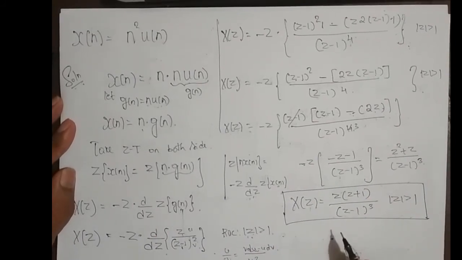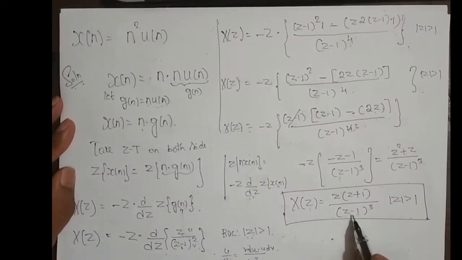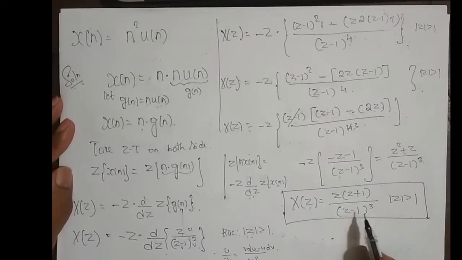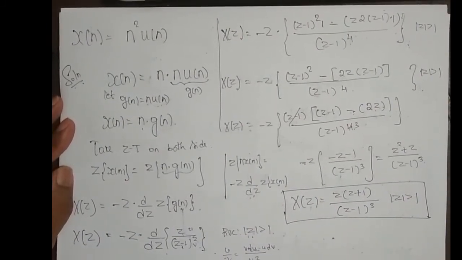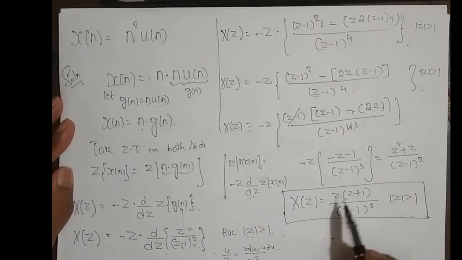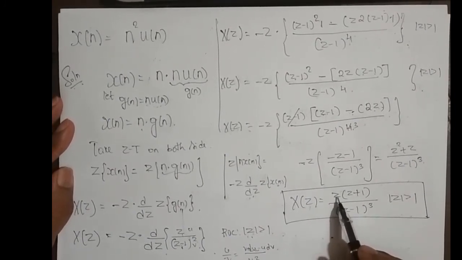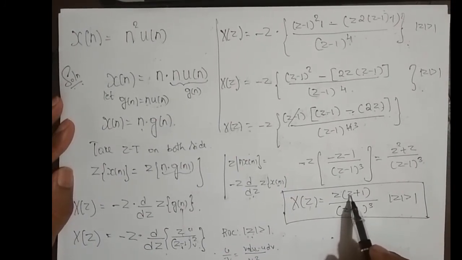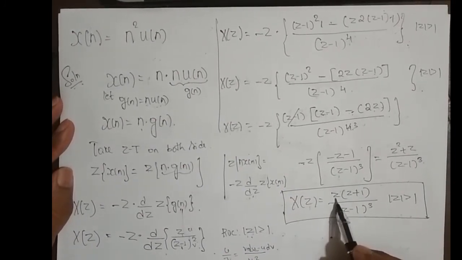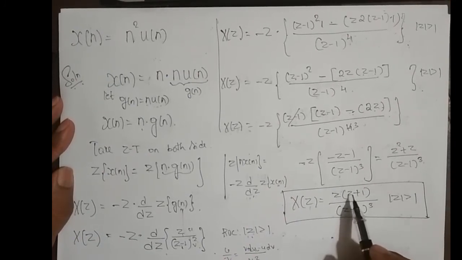Okay, as I told you previously, you have to simplify in such a way that you can recognize how many poles and how many zeros are there, right? So how many poles are there? Sorry, first, how many zeros are there? One zero at z equal to 0. If I put this 0, the numerator becomes 0, and the other zero is at z equal to minus 1. So at z equal to 0, one zero, and at z equal to minus 1, one more zero. So totally 2 zeros.